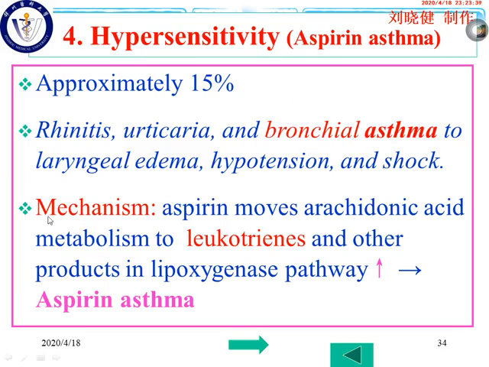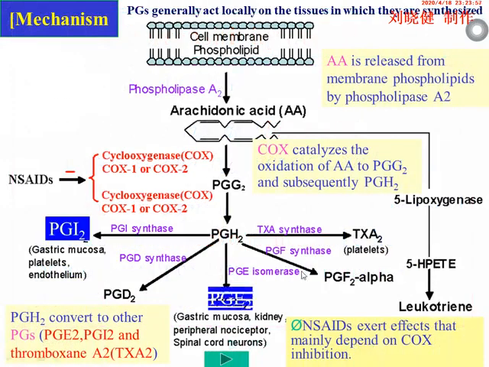The mechanism of this hypersensitivity is that aspirin shifts arachidonic acid metabolism to leukotrienes and other products in the lipoxygenase pathway. Now, remember this? Arachidonic acid has two pathways to metabolize. One is to produce prostaglandins.